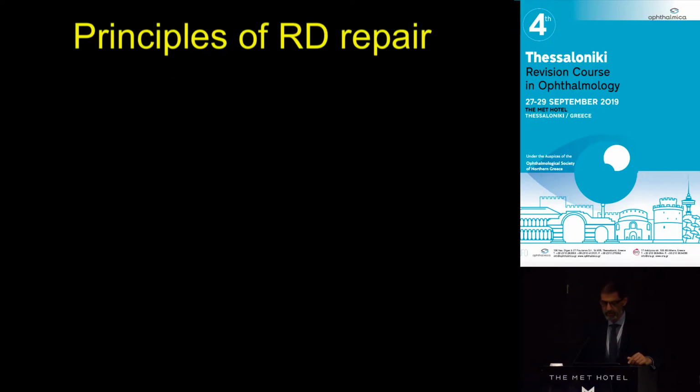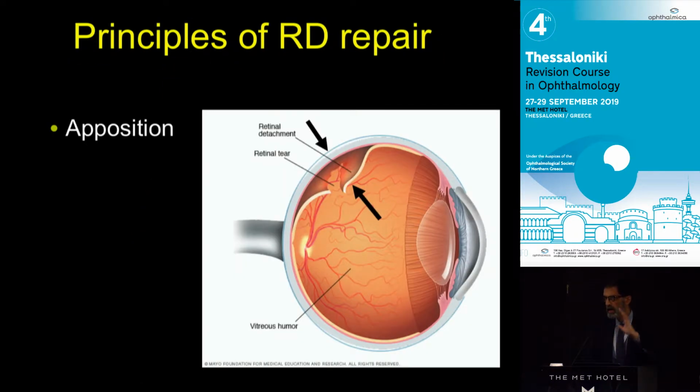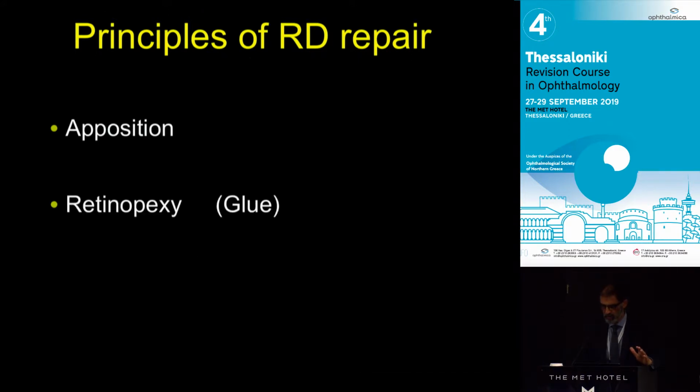What about the management? Well, the principles are very clear-cut. You've got to bring the tear and the retina around it into apposition to the eye wall, and then you've got to stick it together. And because our two glues, which are cryotherapy and laser, take respectively 7 to 10 days to form, you need to have some sort of clamp.